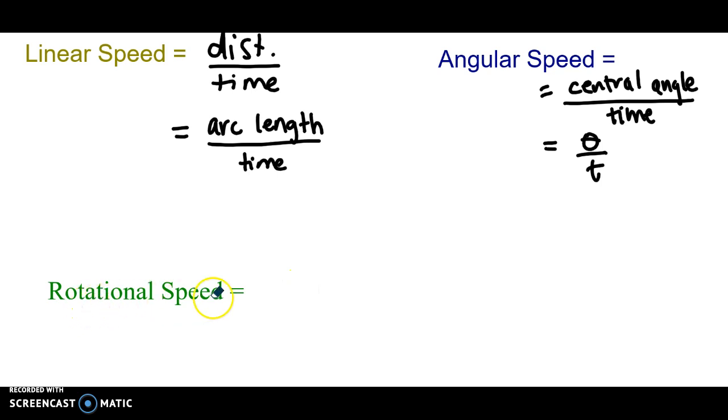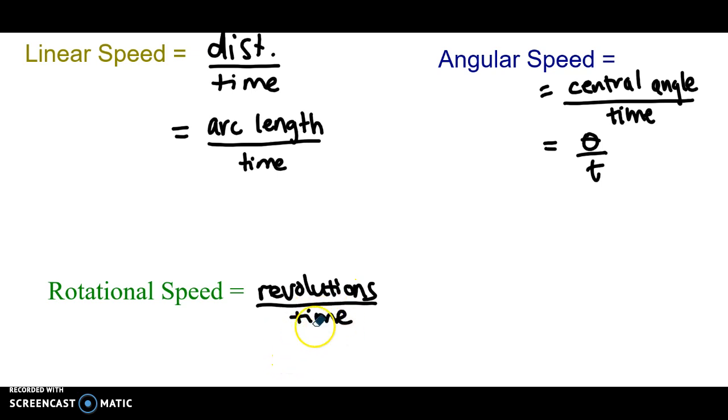And last but not least, rotational speed. So we're talking in terms of revolutions. So it's revolutions over time. Rotational speed and angular speed are very similar. The main thing is when we're talking about rotational speed, we're talking about whole revolutions over time.